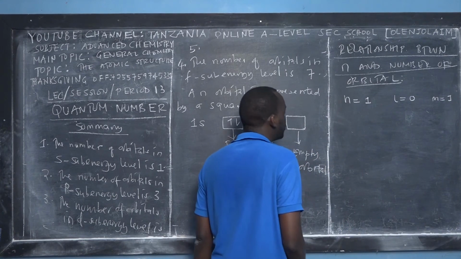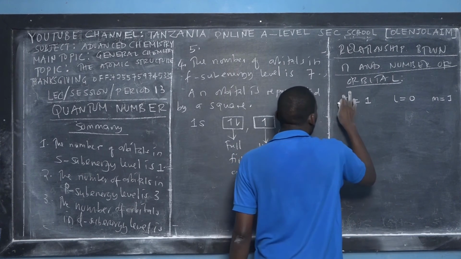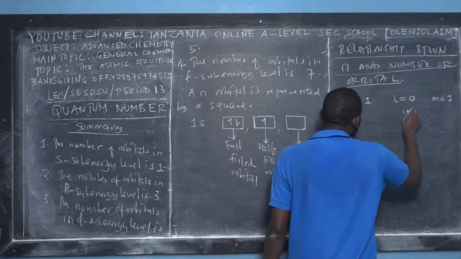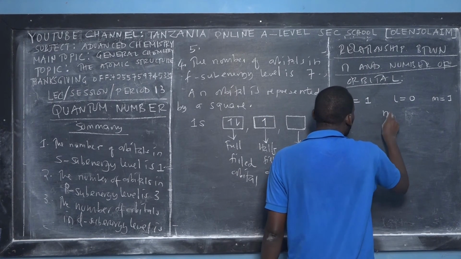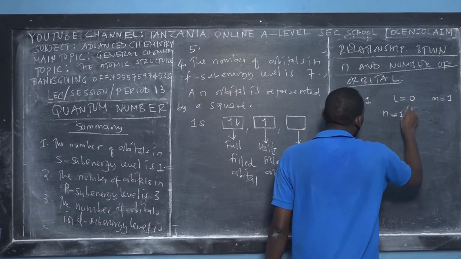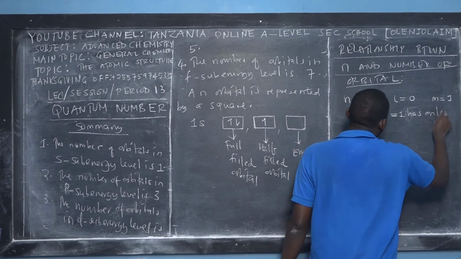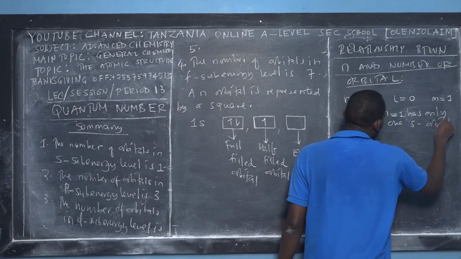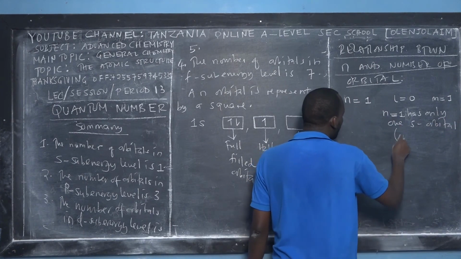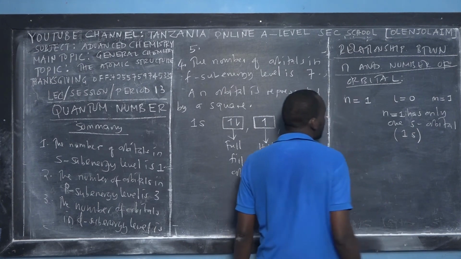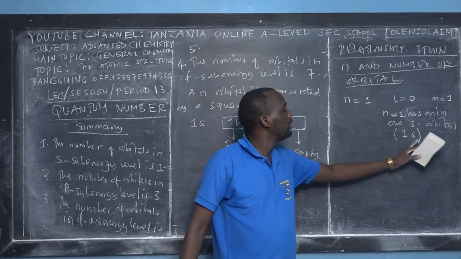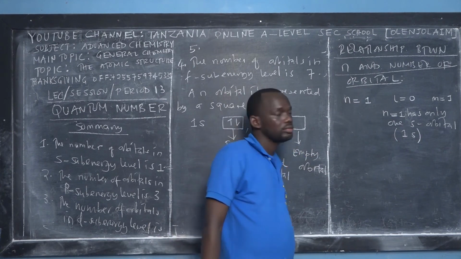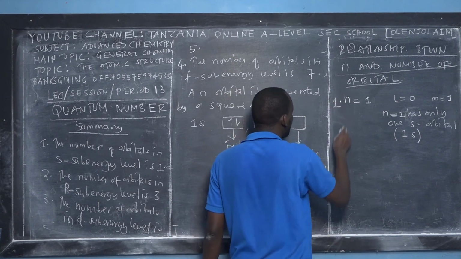So, because it will be 1, we say that n is equal to 1 has only one s orbital. And this one s orbital, we have this notation 1s, because the coefficient of the subatomic level is the principal quantum number. So this is the first relationship.